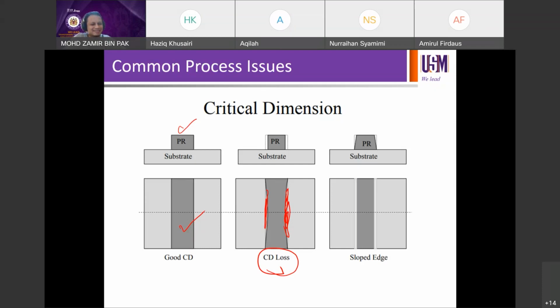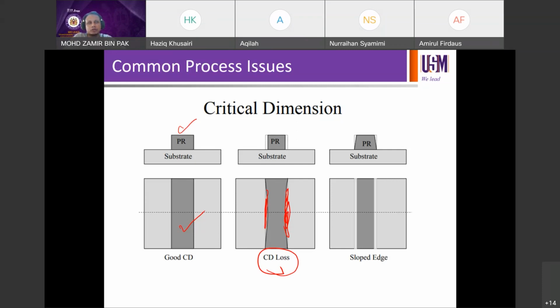Tapi kalau kita increasekan exposure, bukan sepatutnya lagi banyak yang akan, CD akan kurang sebab dia overexposure. Okay, so your CD will? So CD makin decrease. Okay, so will you get back on track? No. Why not? Because of overexposure on photoresist.